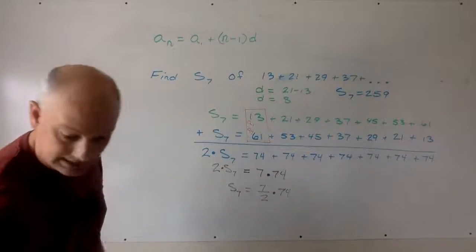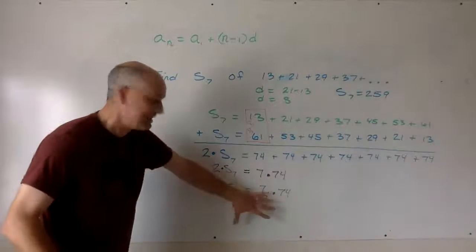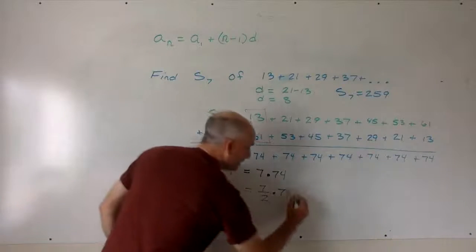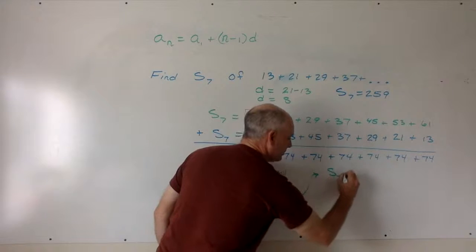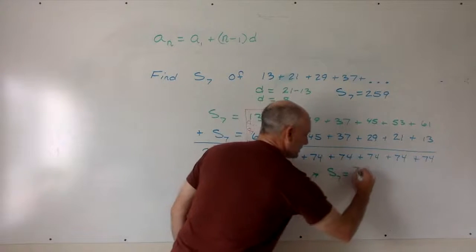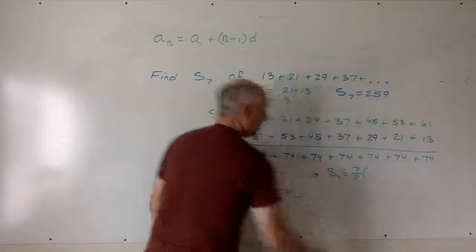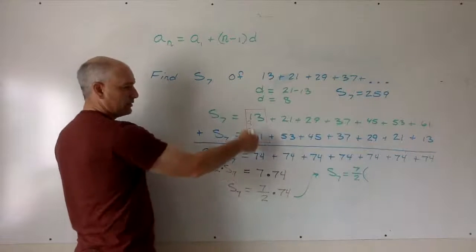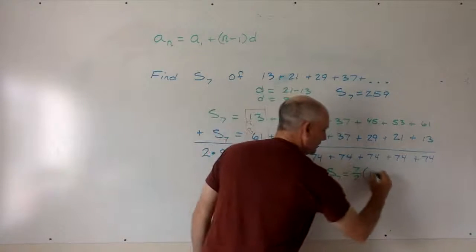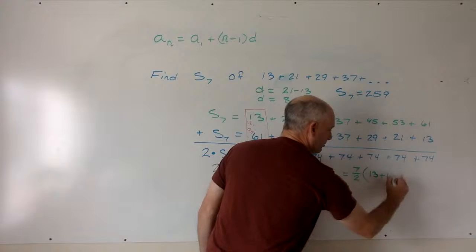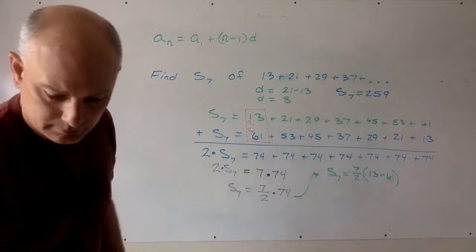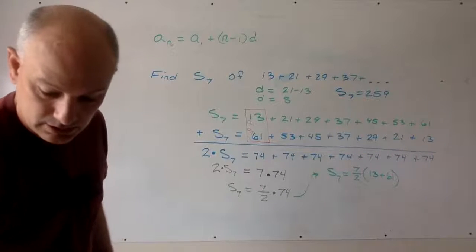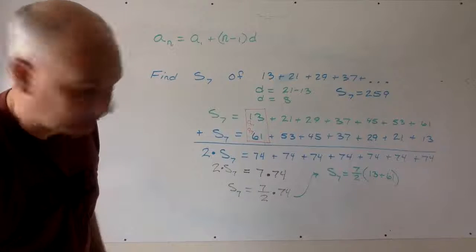So what that's allowing me to say out of this down here is that I can essentially say that the sum of those 7 terms is 7 over 2, and the 74 is generated by the 13 plus the 61. Now, let's look at the pieces a little bit more carefully.